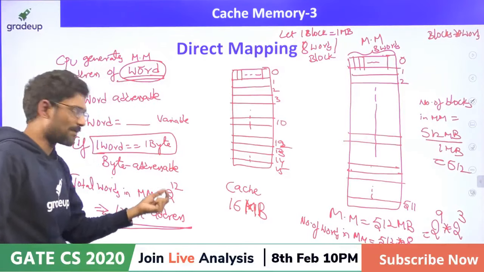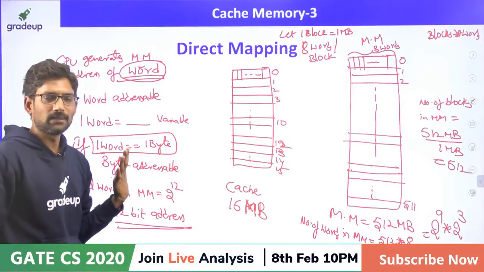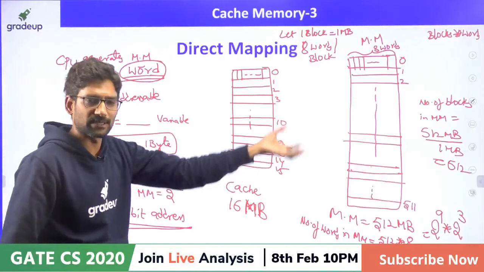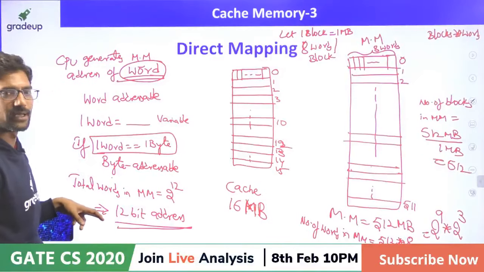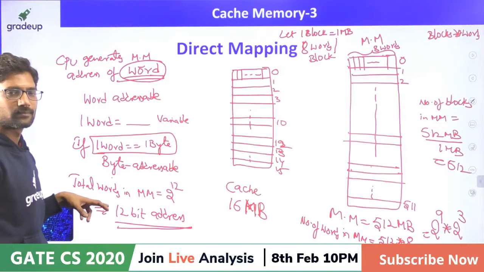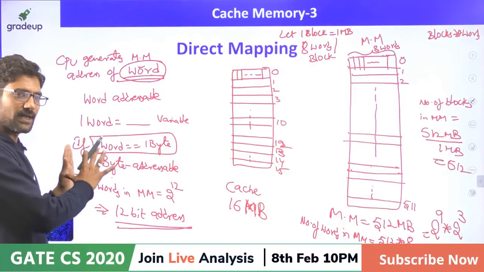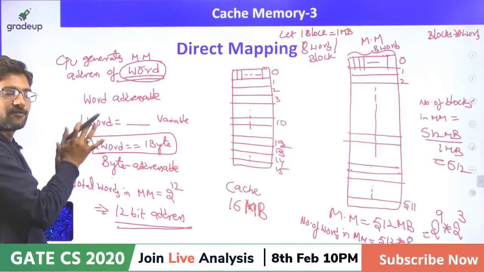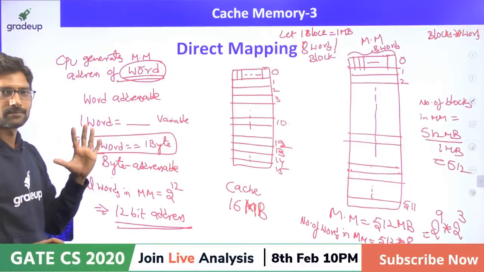If it is 2 power i words, an i bit address will be there. Simple. I have 2 power 12 words for this main memory, so the CPU generates a 12 bit address. Okay? Is this point clear? CPU generates word address. If the number of words is 2 power i, an i bit address.